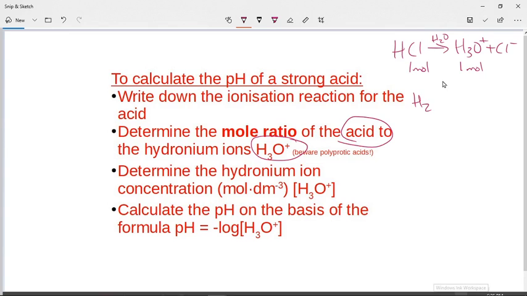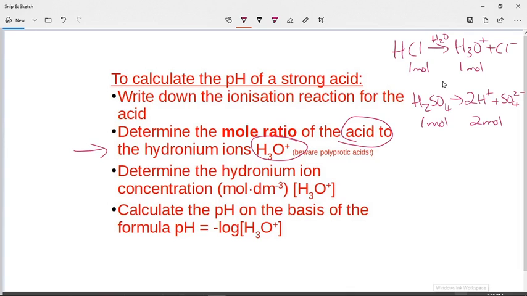However, if you've got sulfuric acid and you then look at what happens to sulfuric acid, you end up with 2 protons and 1 sulfate ion. So for 1 mole of sulfuric acid, you get 2 moles of hydronium ions, and that is why this mole ratio step is important.